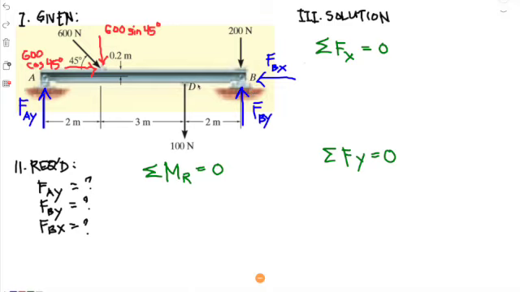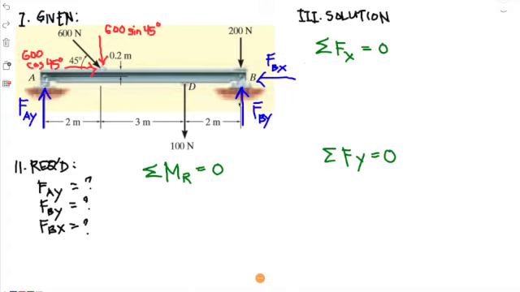So now let's discuss how we assign the sense, or how we assume the direction. You must remember that since these are all unknowns, their sense or direction is still an assumption, but how do we make a correct assumption?